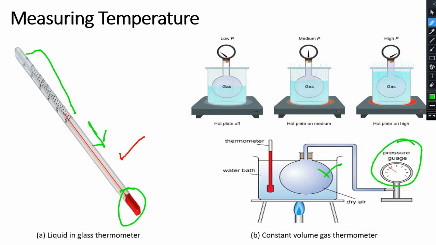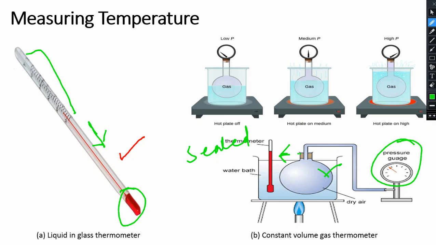The opening of this flask is here, and it is always sealed. It means there would be no entrance of gas into this round flask, and no gas coming out of this round flask.